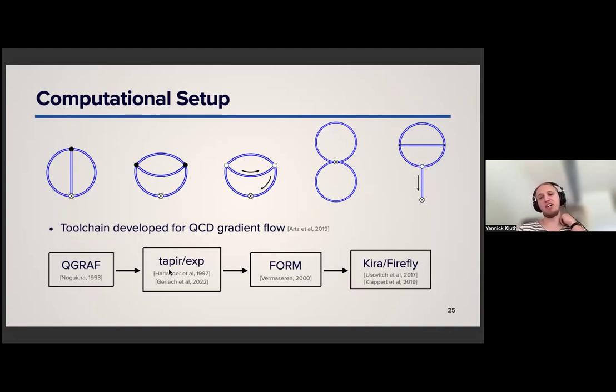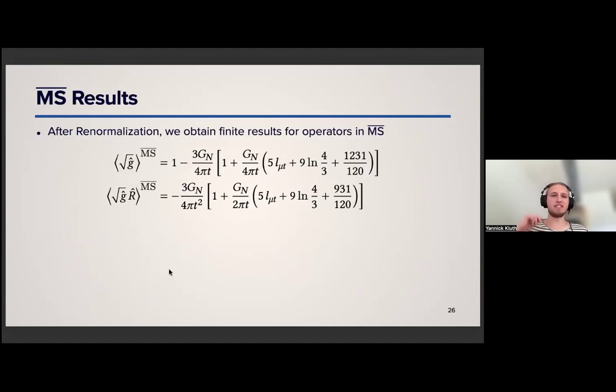And then we use integration by parts identities implemented in Kira and FireFly to reduce the resulting Feynman integrals to a small set of master integrals, which you can then solve analytically. And when you do this, the result that you get is given here.